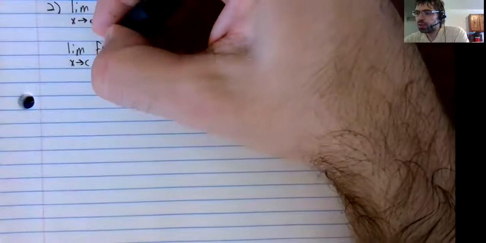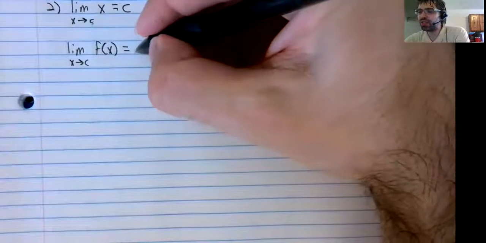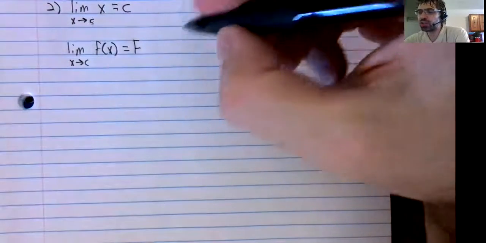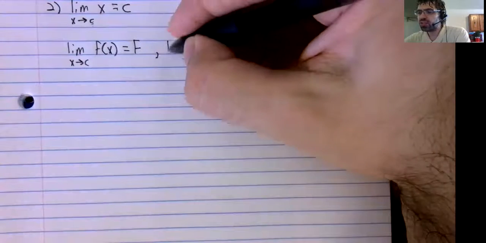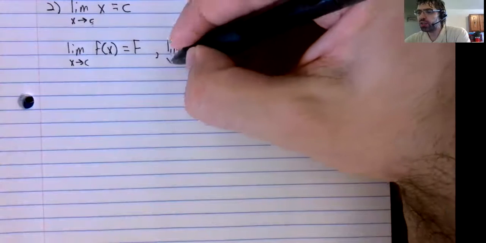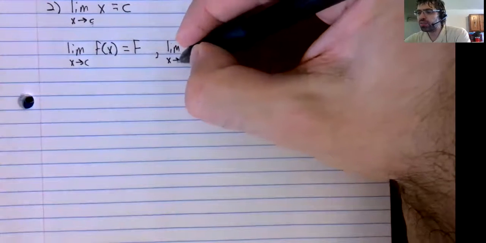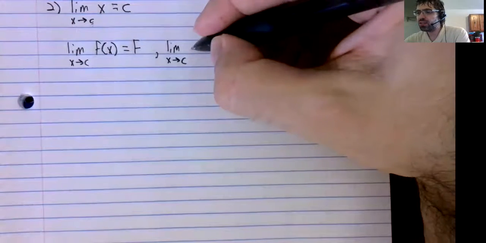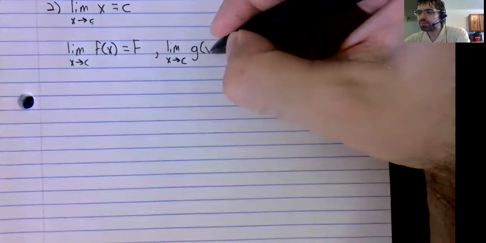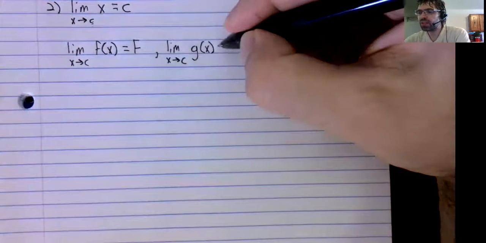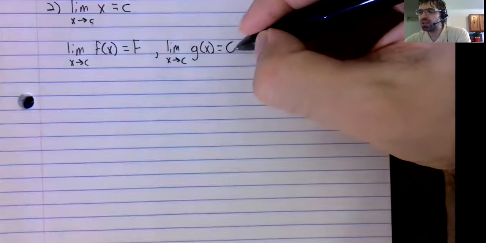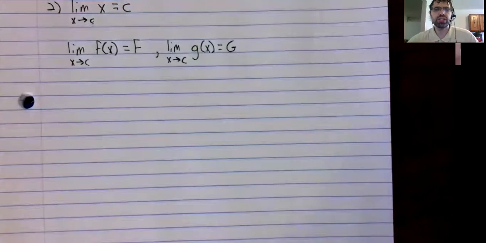These next rules will involve these functions. Let's say both of these functions have limits as x approaches c.